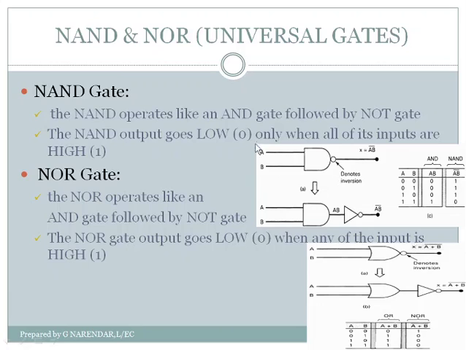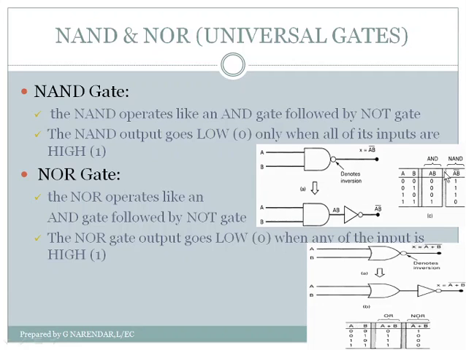Here we have shown the two logical symbols of the NAND gate, and the truth table of the NAND gate, and here you can compare the output of AND gate and NAND gate for the same combinations of inputs.